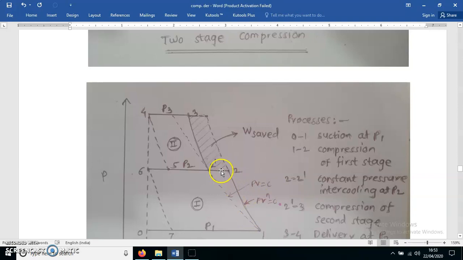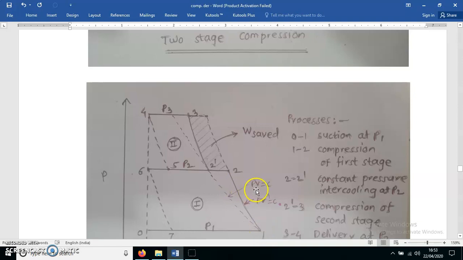Means 2 is shifted towards the left-hand side to 2 dash, temperature drops again, and that T2 dash is equal to T1. Means 50 is reduced to 25 and 25 is equal to 25. This is T1 and this is T2 dash. Both are equal, means these two points are lying on an isothermal process.